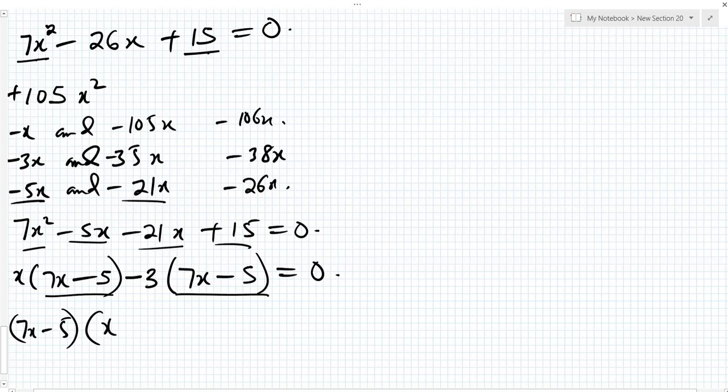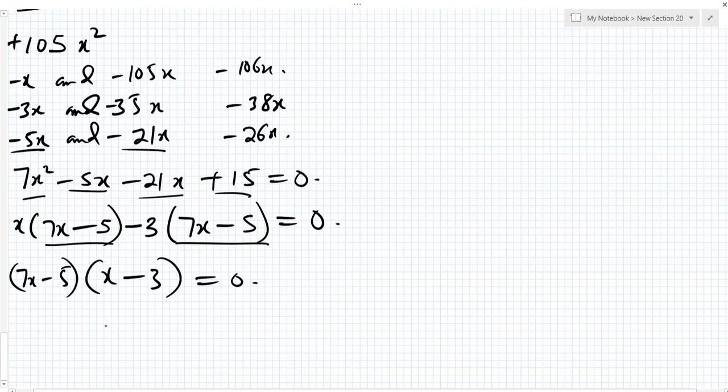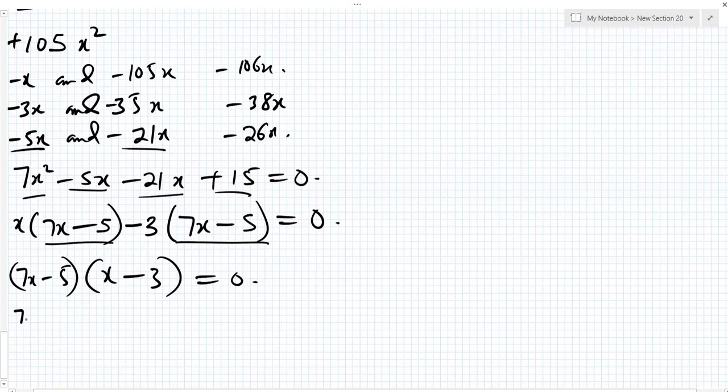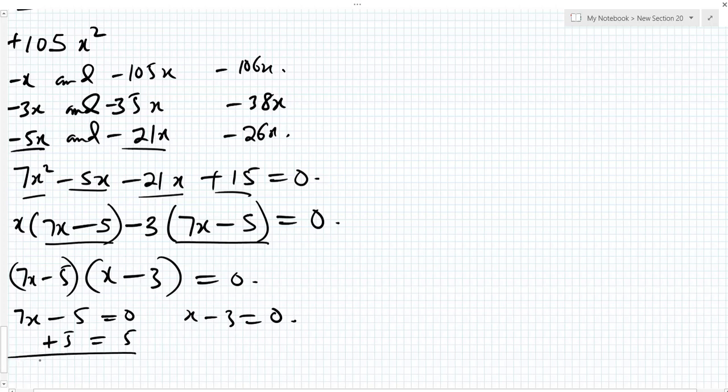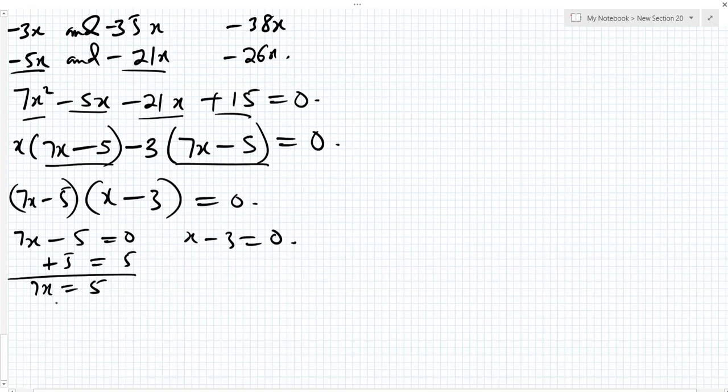You divide this second term by 7x minus 5, you have minus 3 equal to 0. That means you have 7x minus 5 equal to 0 and x minus 3 equal to 0. Now if you add plus 5 to both sides, you'll be left with 7x equal to 5. Divide all through by 7. You have x equal to 5 all over 7.